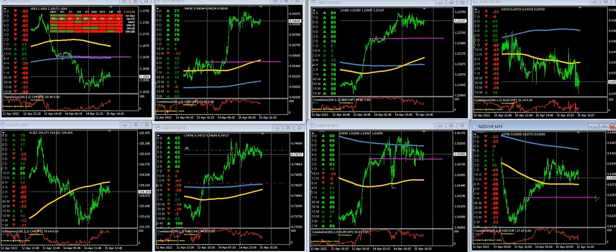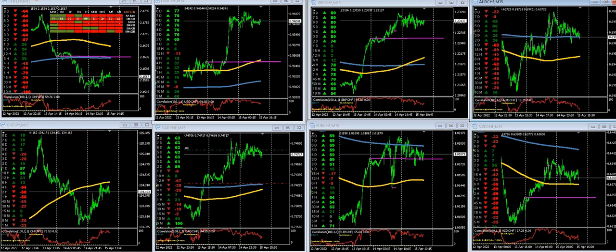New Zealand looks like it wants to come back there also. Oops. So how many currencies look like they want to come back? All right, so it's confirmed, 1, 2.